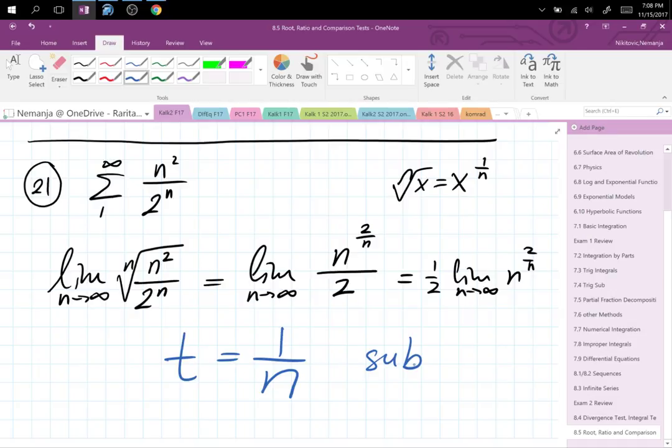You get 1 over 2. So this is one of the oldest tricks in the book.